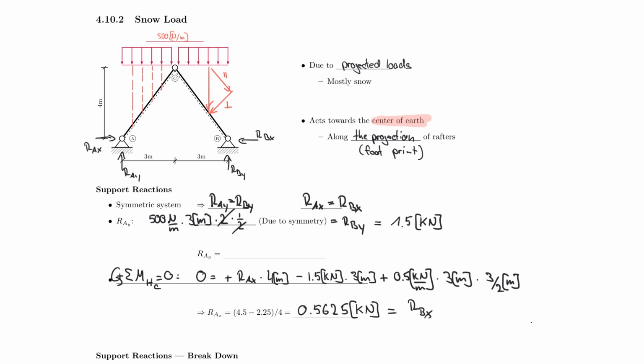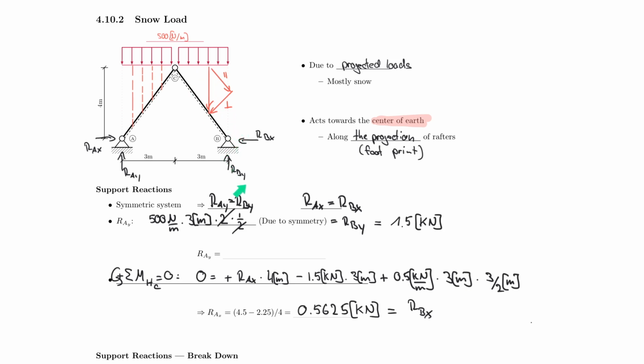Let me just repeat real quick for the snow load that it is a projected force because that is dependent on geography and intensity of snowfall, and nobody knows how your roof will be pitched, right? So you can imagine that if you have a flatter roof, you have more snow to withstand per length of rafter, whereas if you have a steeper pitched roof, you of course have snow that is easier to slide down, or you hold less of it on there.